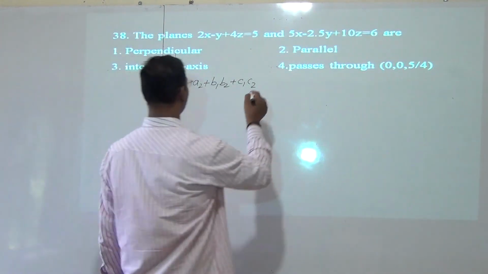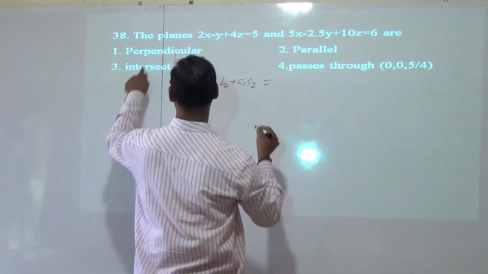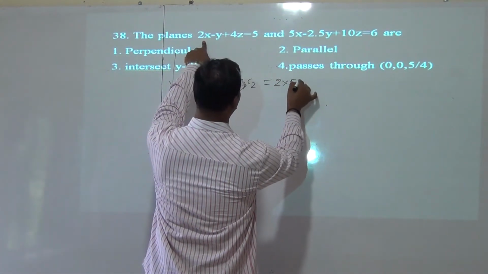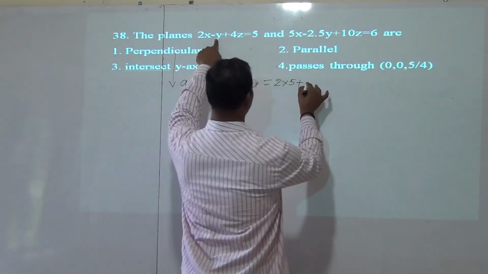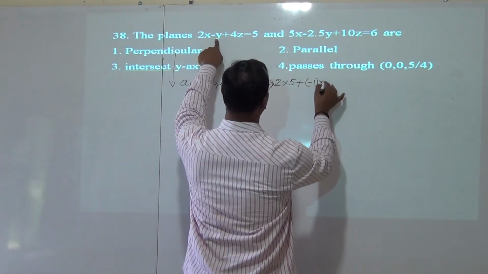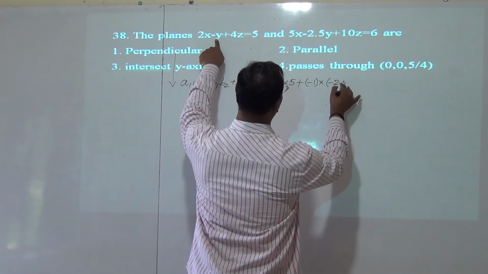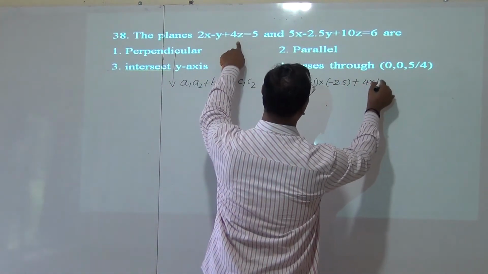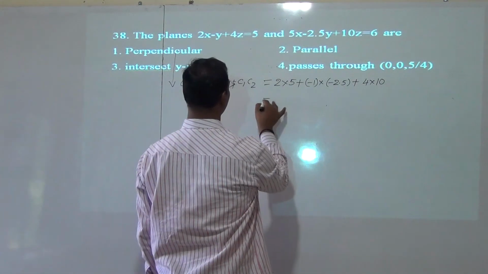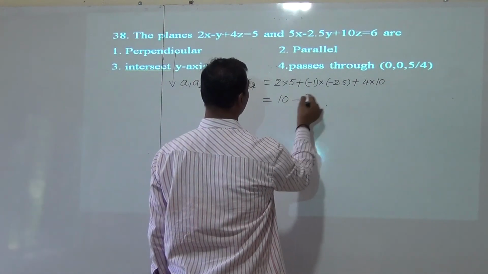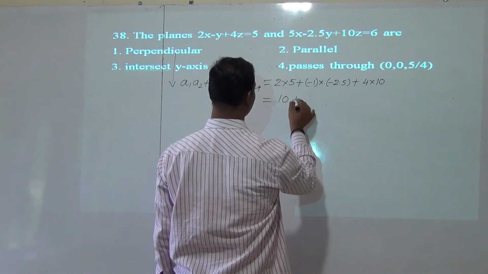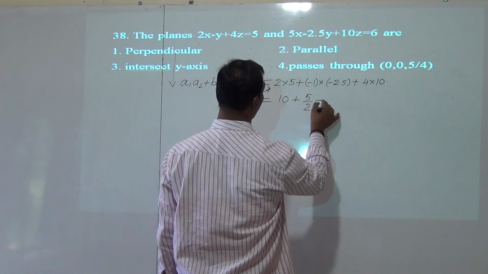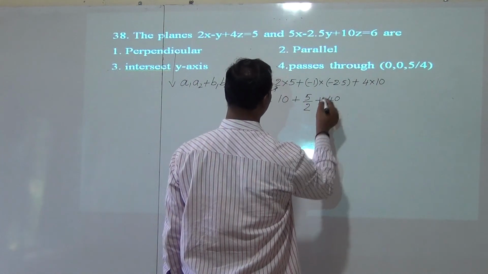So A1 A2 plus B1 B2 plus C1 C2: 2 into 5, plus minus 1 into minus 2.5, plus 4 into 10. That equals 10, plus 2.5, nothing but 5 divided by 2, plus 4 into 10, 40.